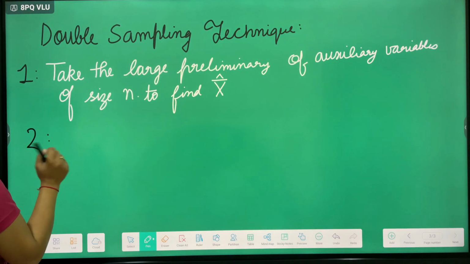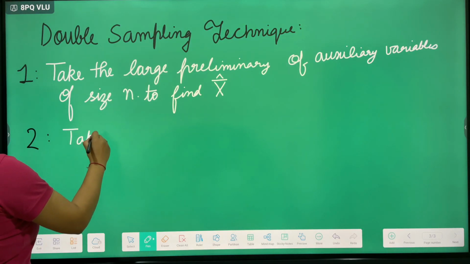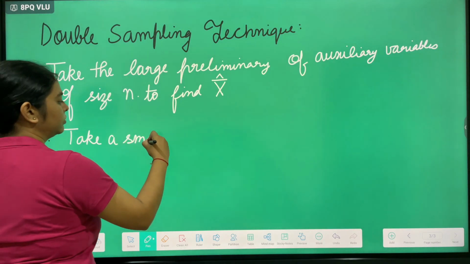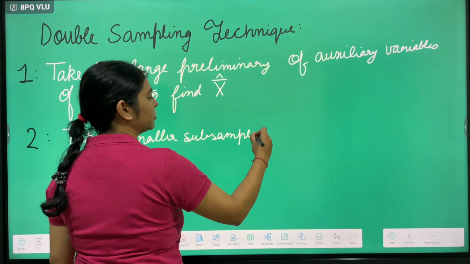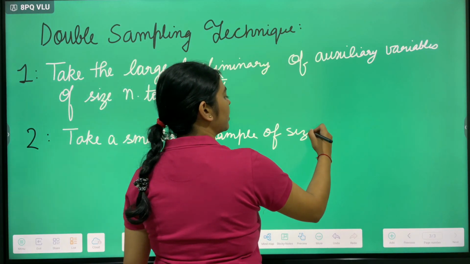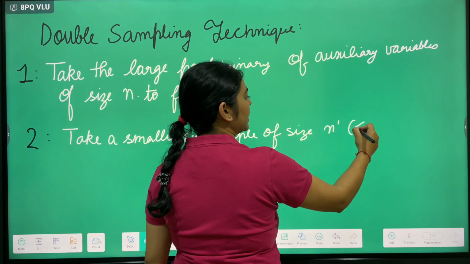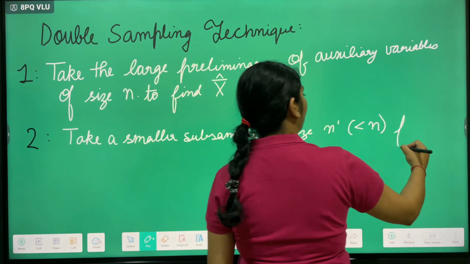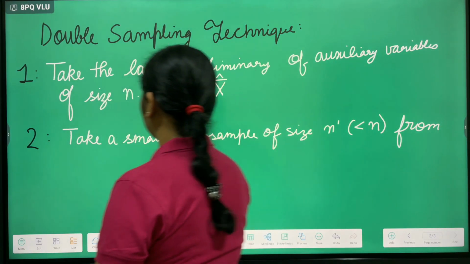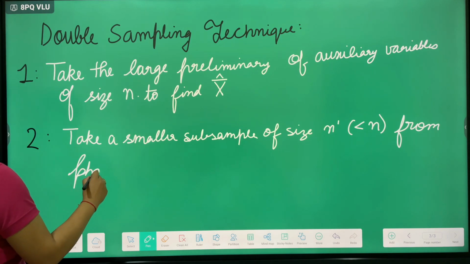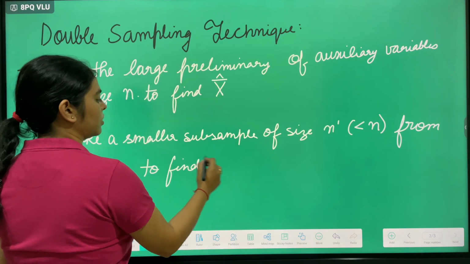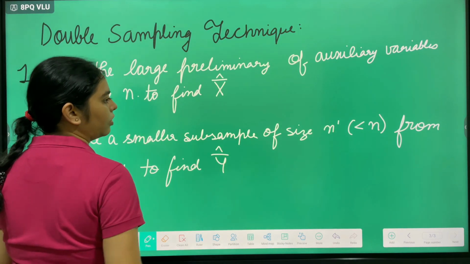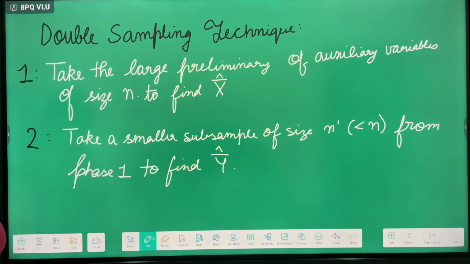At phase two, take a smaller subsample of size n dash, which is less than n, from phase 1 to find the mean estimator of population. These are the two phases that are included in double sampling.